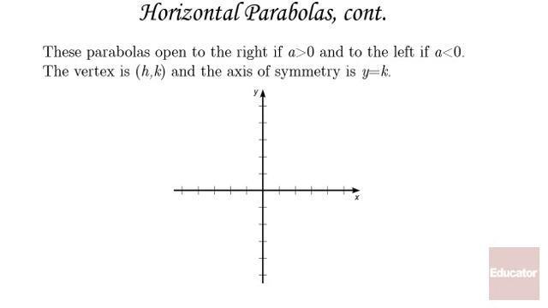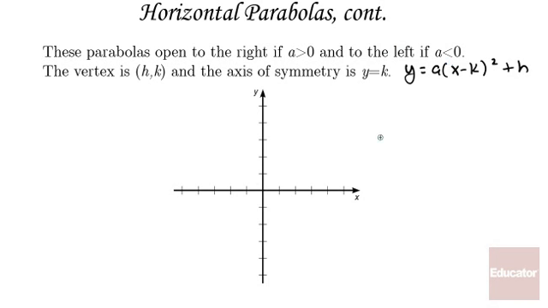Working on graphing some horizontal parabolas, when you look at the equation in standard form, x equals a, and remember the k and h are in opposite positions, they're reversed. Looking at a, if a is greater than 0, then the parabola is going to open to the right. If a is negative, then the parabola is going to open to the left.